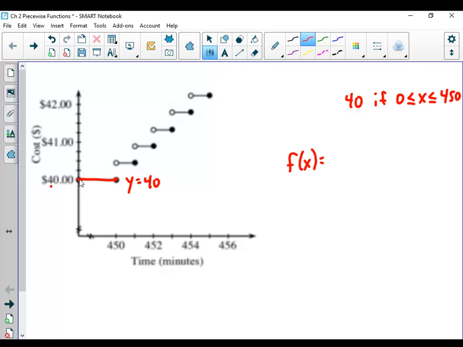Then it changes. The next portion is this portion. They said they were going to charge us 45 cents. So they're going to charge me an extra 45 cents, and this portion now would be $40.45. That's the next part of my graph. When is that going to be true? It's going to be true when we go over that 450.